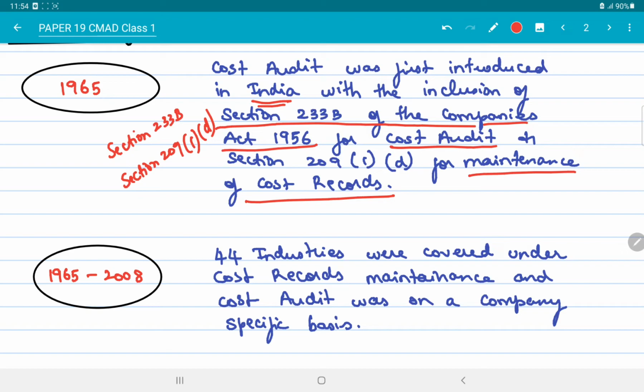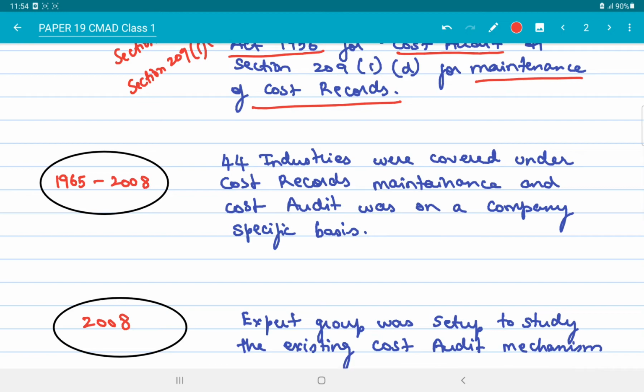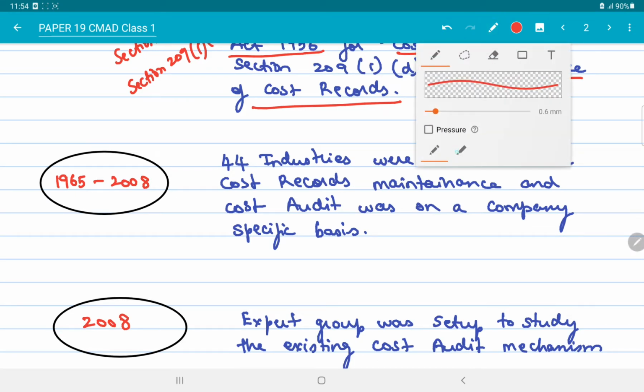So both cost audit and cost record were introduced in 1965, and as soon as it was included in Companies Act 1956, it was implemented to 44 industries.